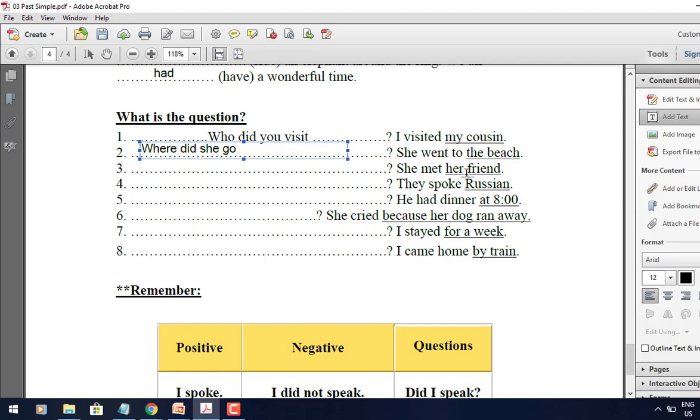Number 3. She met her friend. I ask about her friend. It's underlined, so it's a person. We use who to ask about persons. Who did she meet? Number 4. They spoke Russian. The underlined is Russian, and so I want to ask: what did they speak?